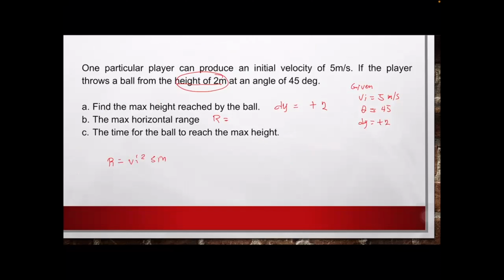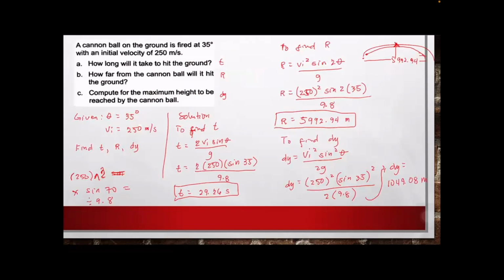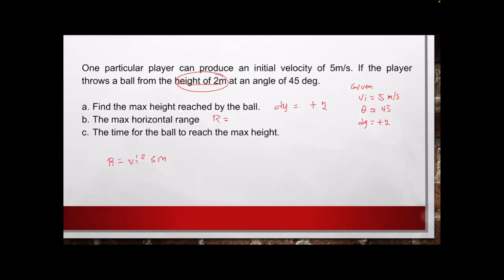Sine 2 theta ba? 2 theta. Over g. Wait lang.